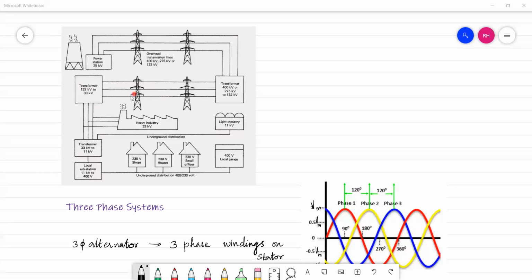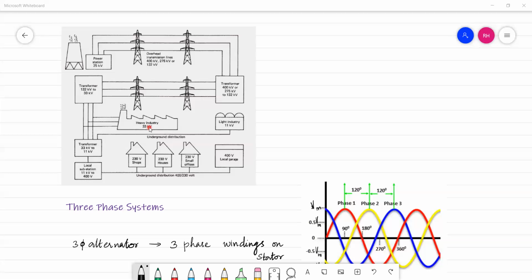As seen here, most of the heavy industries prefer a three-phase supply because the total power is nearly uniform, unlike in a single-phase circuit. And for a given power rating, the three-phase alternator that we use is going to be of smaller size, leading to the saving of copper and other material. When we use a three-phase induction motor in industries, the motors are self-starting.